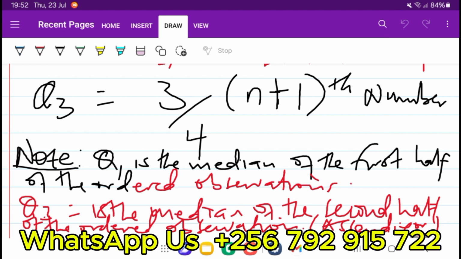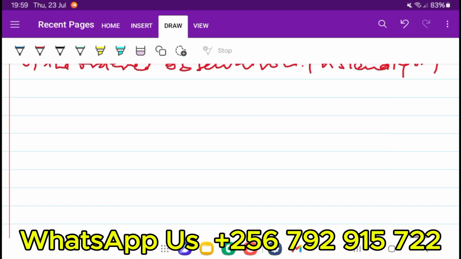But before we look at the illustration, one last thing that we also have under quartile deviation, we also have what we call quartile coefficient of dispersion. So maybe we will also look at the quartile coefficient, and then we get its formula as well, before we do the computation.